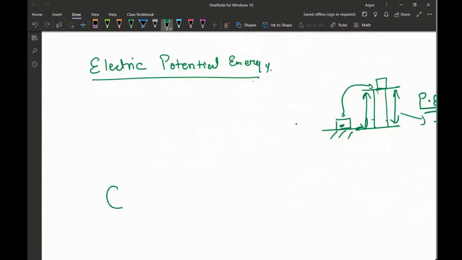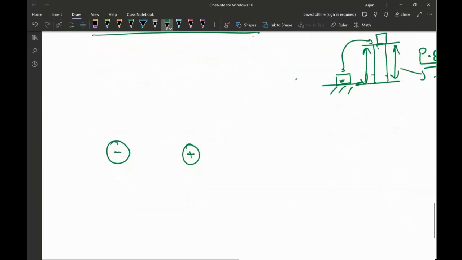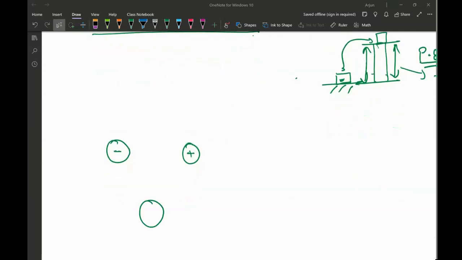So if this is a negative charge and this is a positive charge, what is the natural tendency of these two charges? The natural tendency is that they stay closer to each other. They're going to stick together. Now, if I want to move them away from each other, to move them apart, I have to add a certain amount of energy. That means I'm going to apply a certain force.